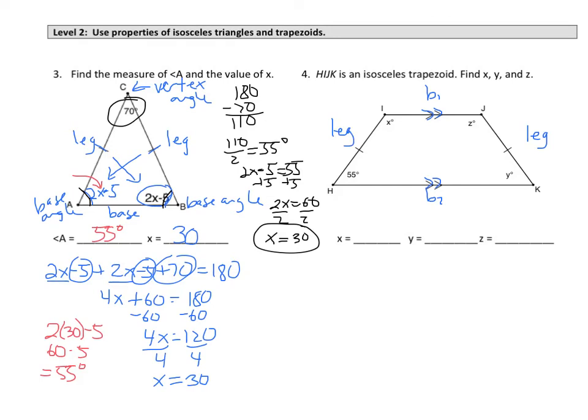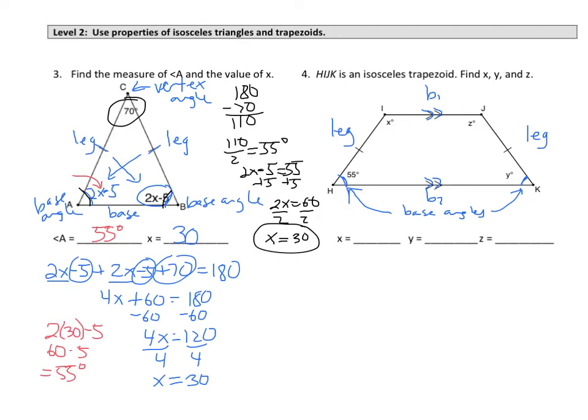And then we have 2 pairs of angles that are congruent. On the bottom, angle H and angle K are congruent, and we call those base angles. Just like in the isosceles triangle. But then we also have another pair of angles on the top.